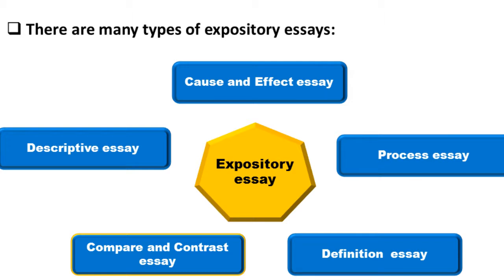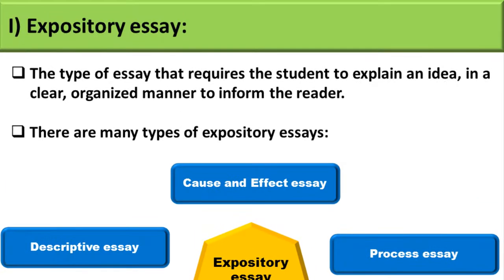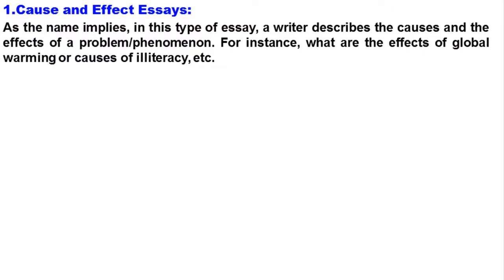Now let us see the definition of each type of expository essays in more details. Cause and effect essays. As the name implies, in this type of essay, a writer describes the causes and the effects of a problem or phenomenon. For instance, what are the effects of global warming or causes of illiteracy?